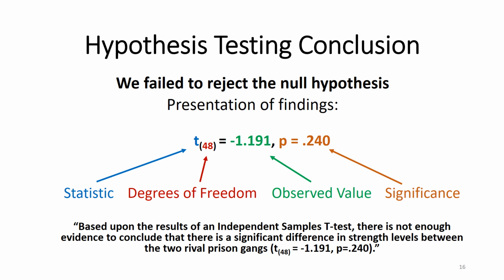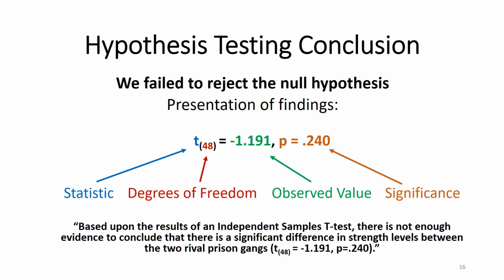And as I said before, we often like to report that along with our t statistic because it allows other researchers to understand a little bit about the sample size we were working with, whether it was really small, really large, or somewhere in between. So we report that in subscript next to the statistic that we're using. Then in green, we give the actual value of the t statistic we observed, which was negative 1.191.